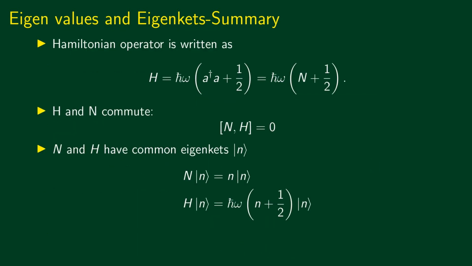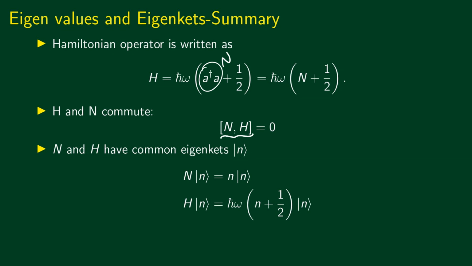We showed that the Hamiltonian operator can be written in terms of these new operators as H equal to h bar omega times a dagger a plus half. Writing a dagger a as N, the number operator, the Hamiltonian becomes h bar omega times N plus half. Clearly, the Hamiltonian commutes with the number operator, which also means that N and H have common eigenkets denoted as ket n.